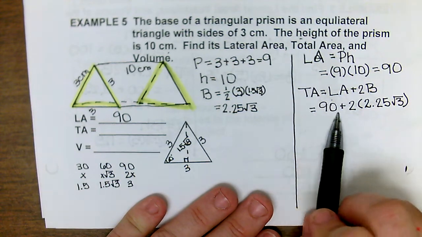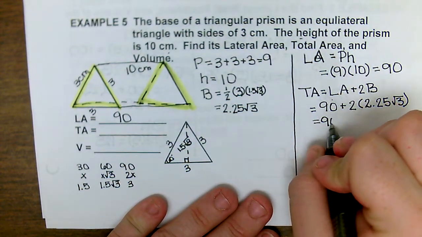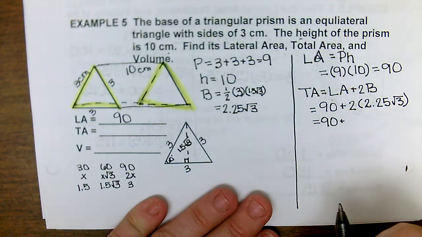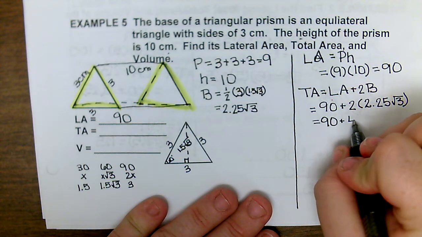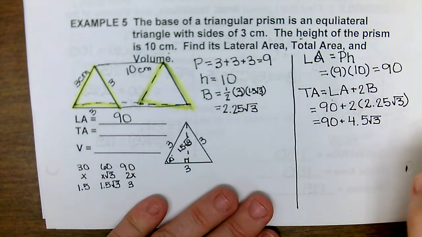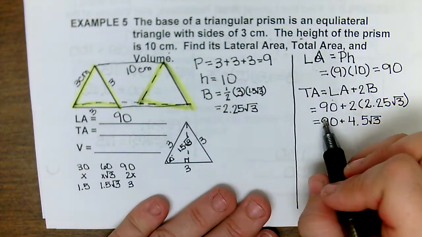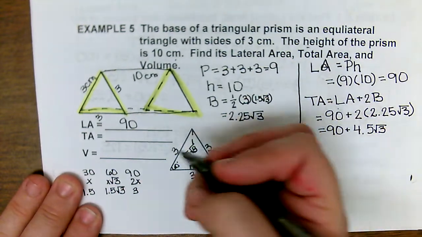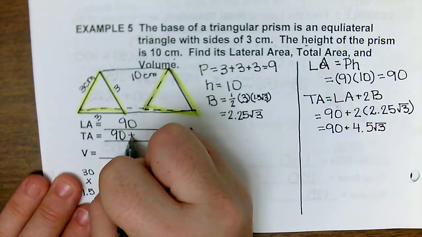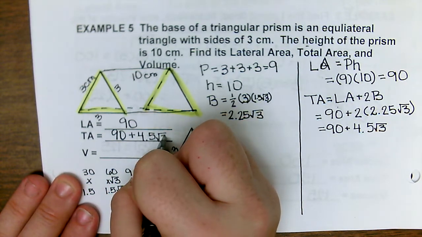So this 90 is going to have to stay 90. But we can do 2 times 2.25, which is 4.5 square root of 3. The right side has a square root in it. The left side does not. So that is as far as we can go. So our total area is going to be 90 plus 4.5 square root of 3.